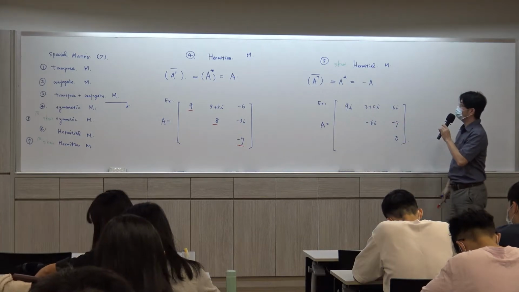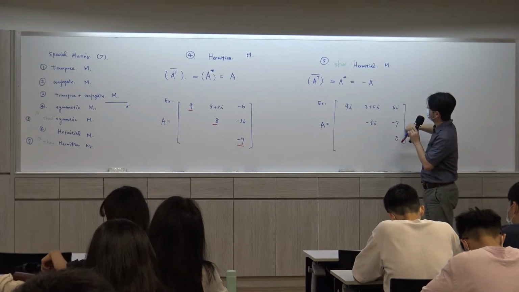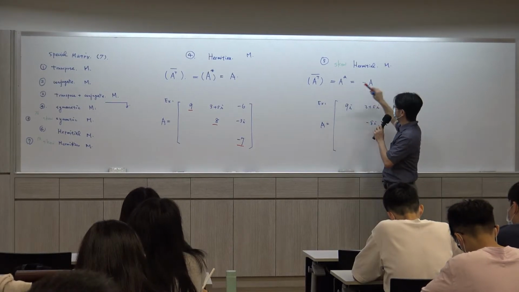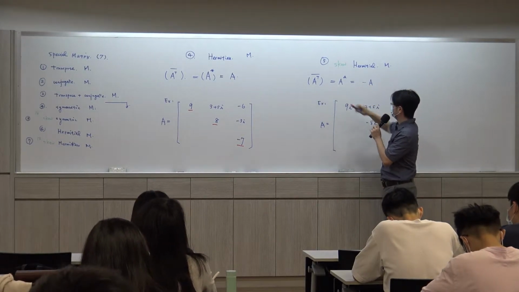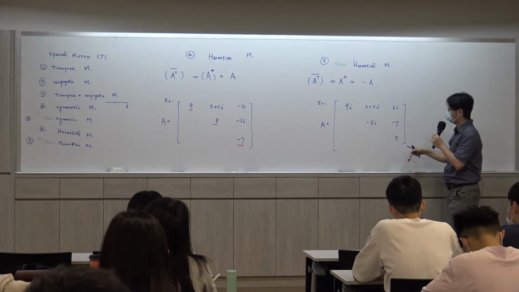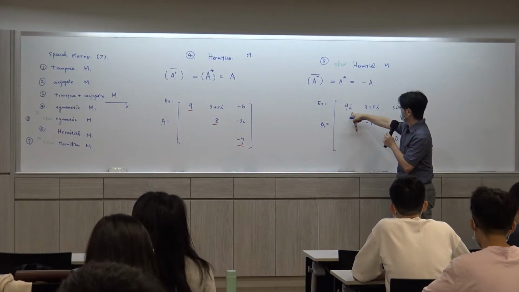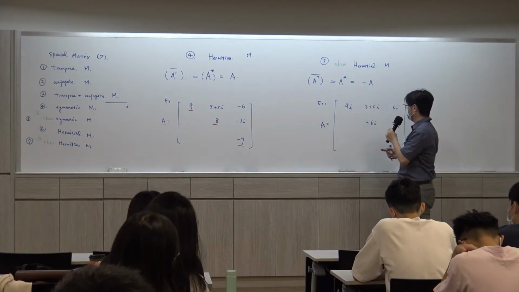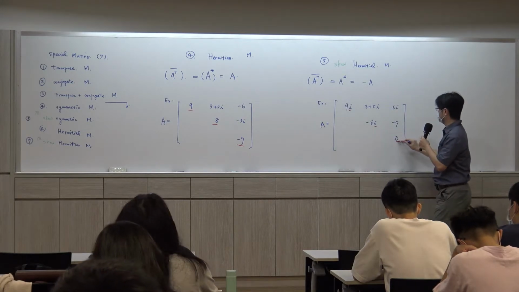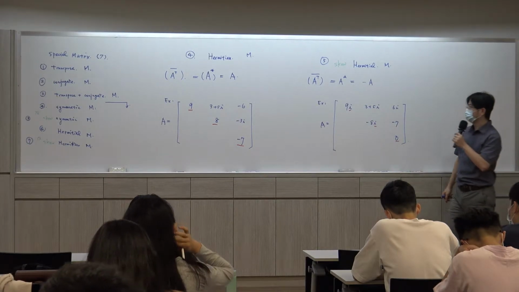In contrast to the Hermitian matrix, for the elements on the diagonal axis of the skew Hermitian matrix, the elements should be 0 or complex elements here. Okay, so that is the first issue I would like to highlight.